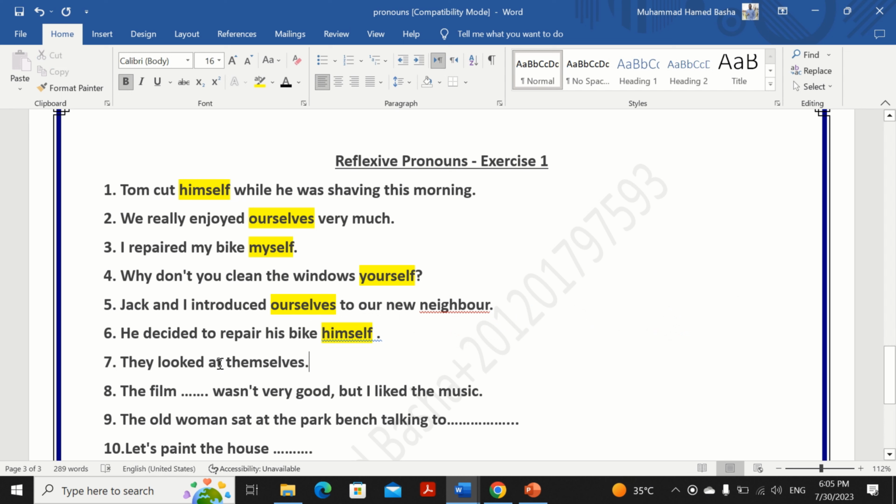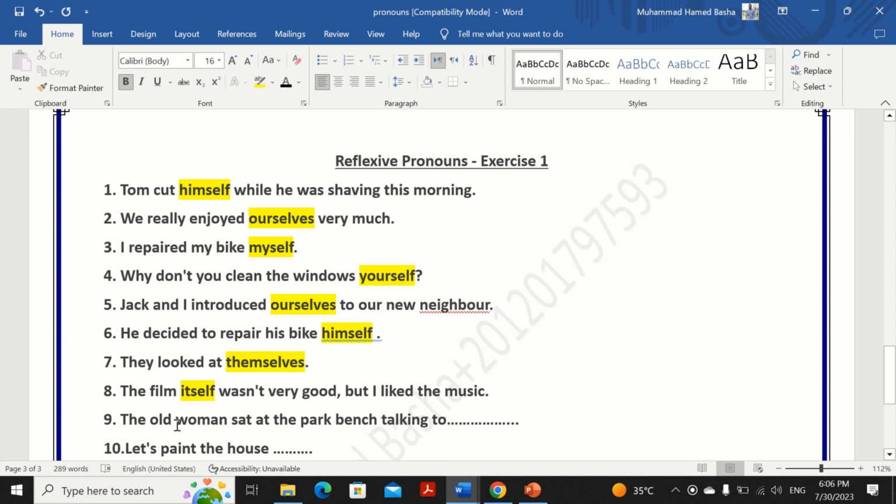Correct answer 2. Number 8. Who can answer? The film wasn't very good, but I liked the music. The film equals the subject pronoun it, and we turn it into itself. Excellent.